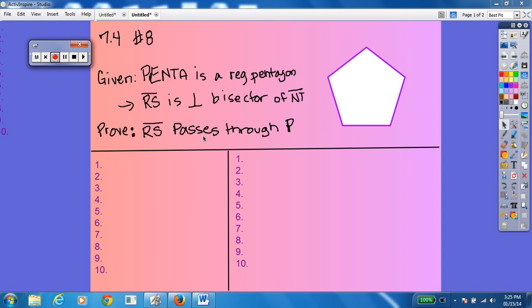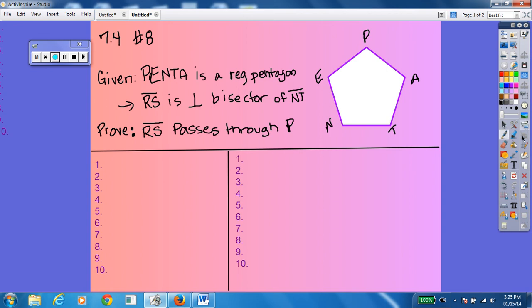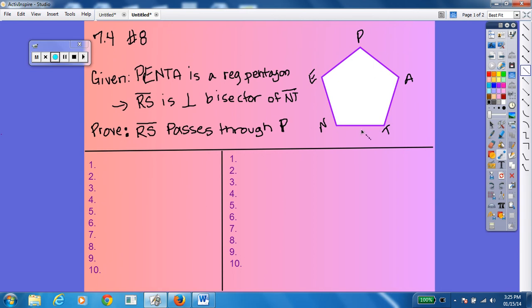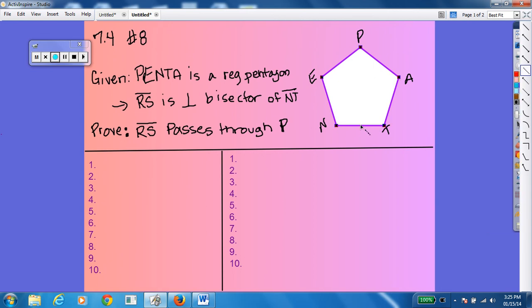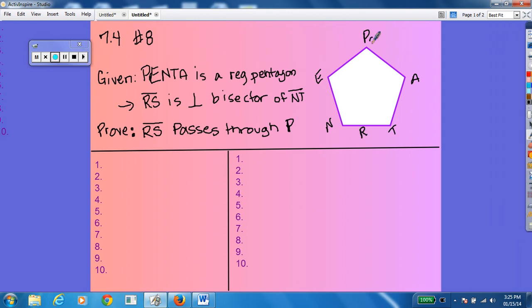And obviously we had a regular pentagon, so we're going to start with that. So I'm going to name it penta, and we're just going to come up with some kind of plan. So first what I'm going to do is RS is a perpendicular bisector, which, let me put R on here, and point S. I'm just going to set it right here.